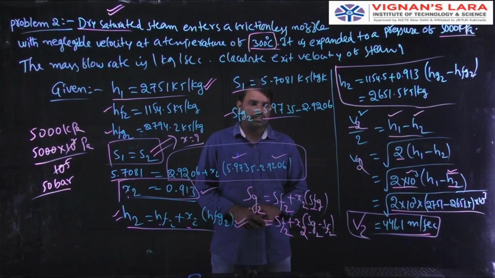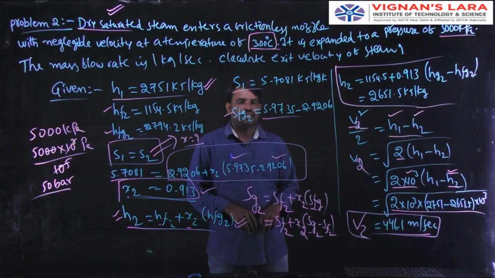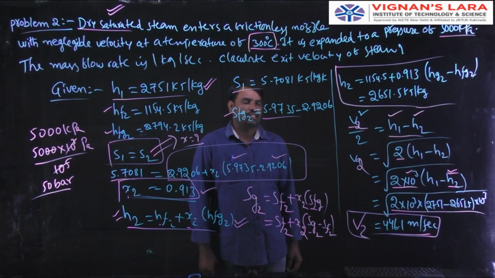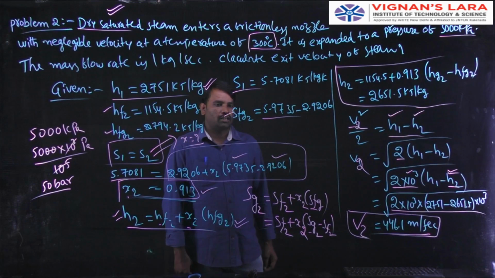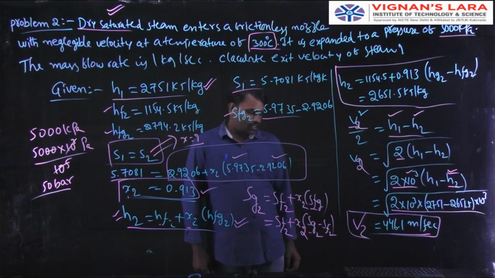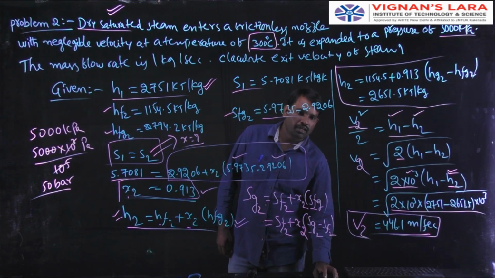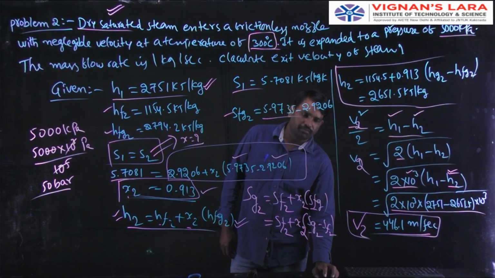With the dryness fraction, we calculate the H2 value, the enthalpy at the exit pressure of the steam. With the help of the exit enthalpy and initial enthalpy, you can easily calculate the exit velocity of the steam from the nozzle. This is the final answer for our present problem.